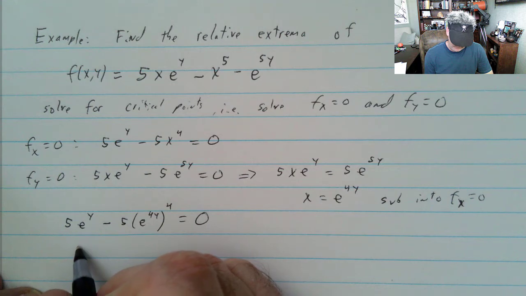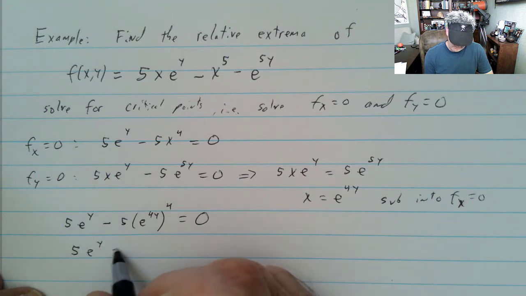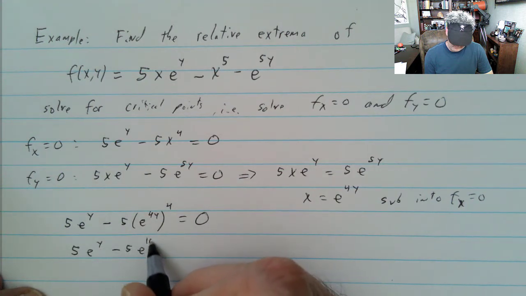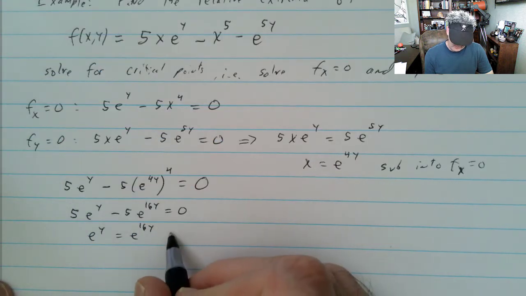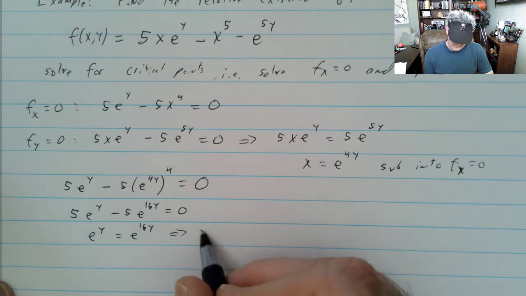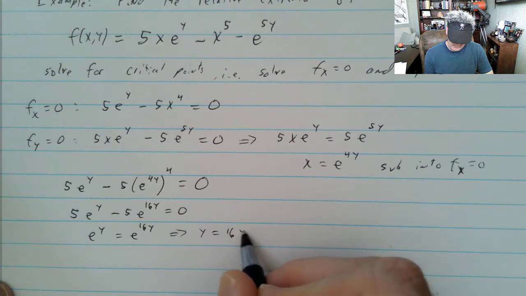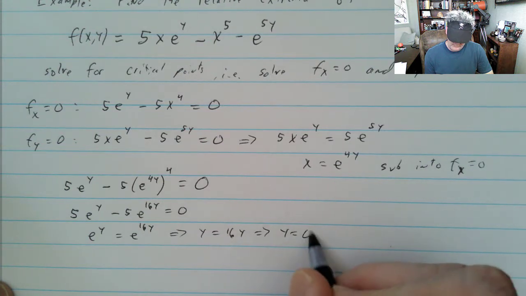So this is the same as 5 e to the y minus 5 e to the 16y equals 0. And again, if I solve, I'll get e to the y equals e to the 16y, if I move that term over, divide by 5. And this can only happen if the exponents are equal, so y equals 16y, which implies y equals 0.